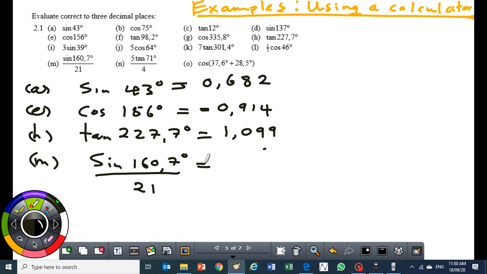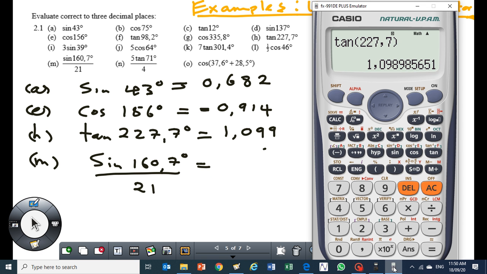This is equal to, we bring back the calculator. First, you must choose the fraction option, because we have a fraction here. So we put sine on top, that's sine 160,7. Then divide it by 21.